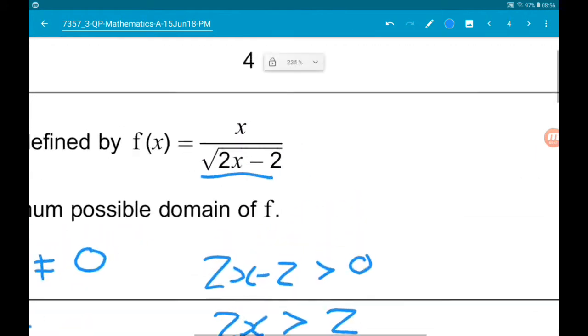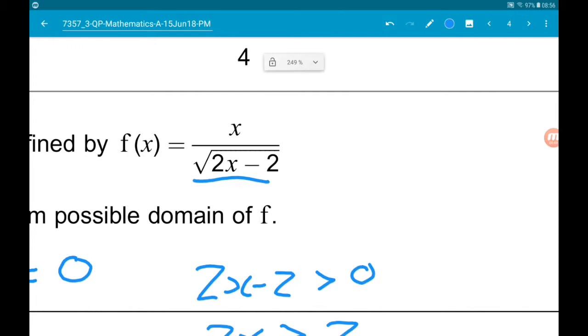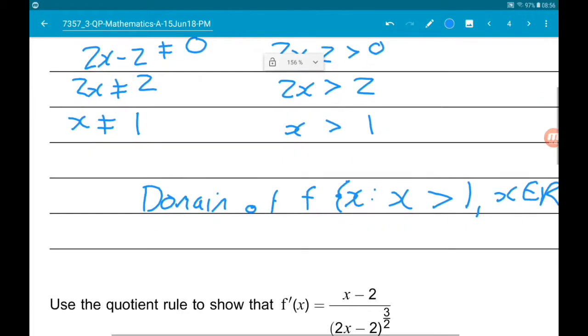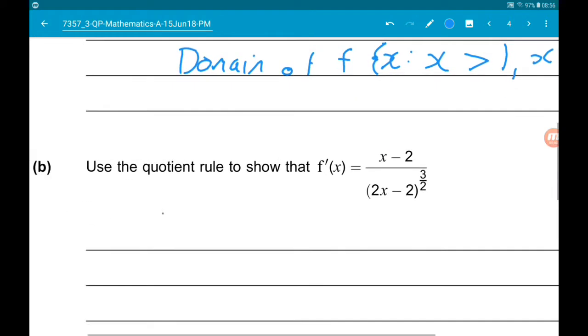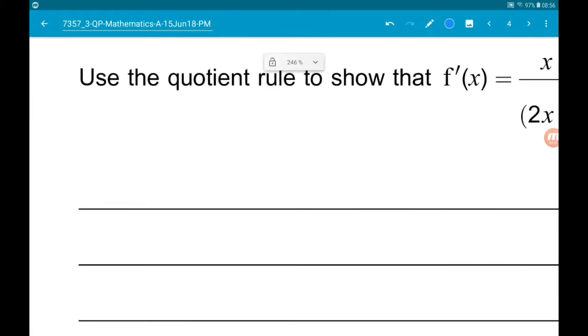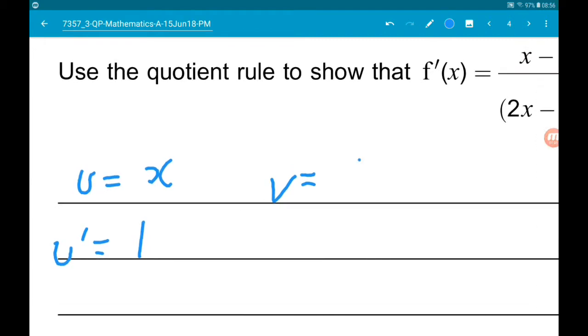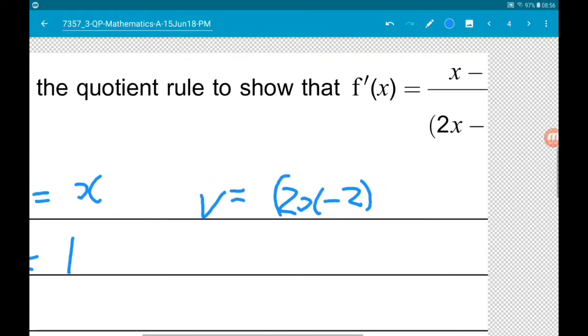So we're going to say that u is x and v is 2x minus 2 to the power of a half. So u is x, u dashed is just 1, v is 2x minus 2 to the power of a half.